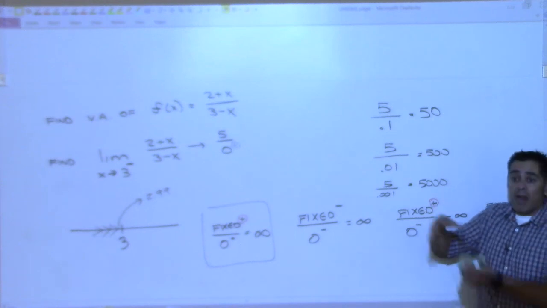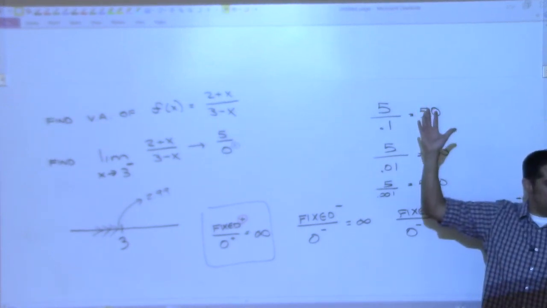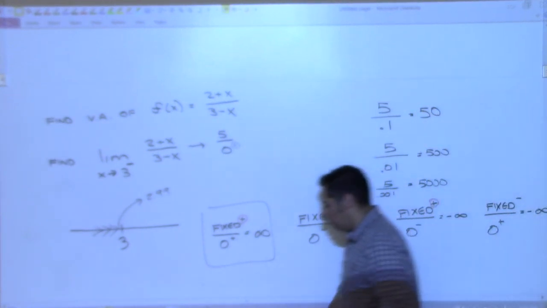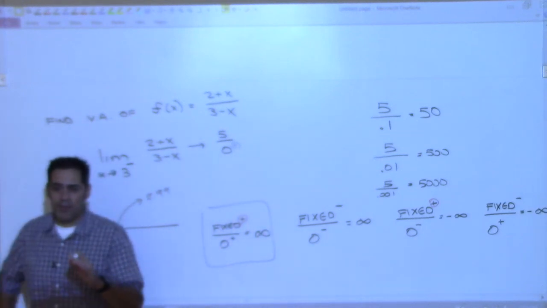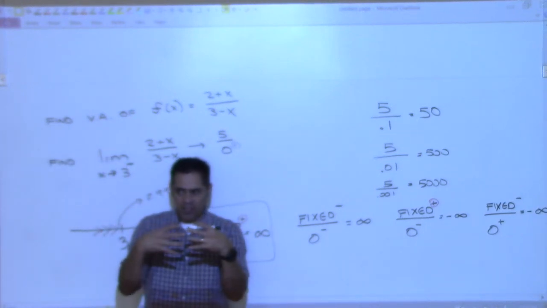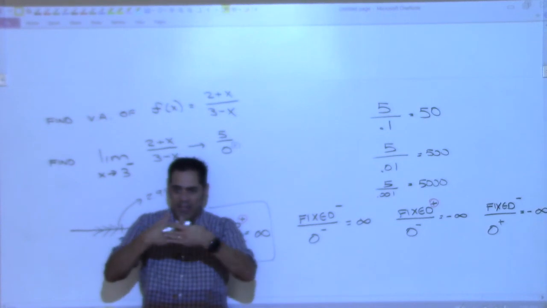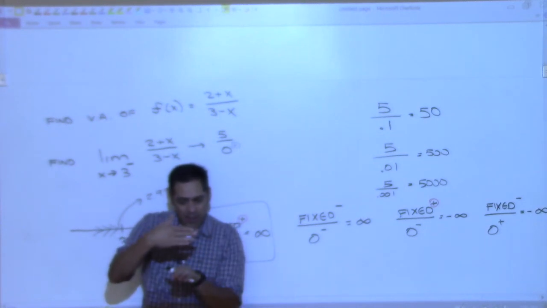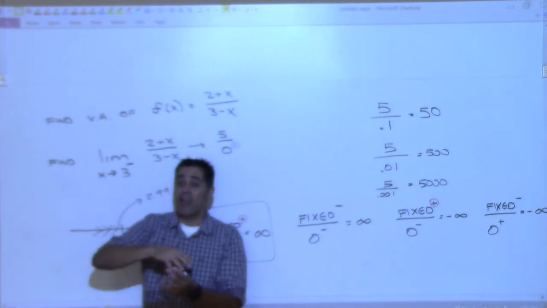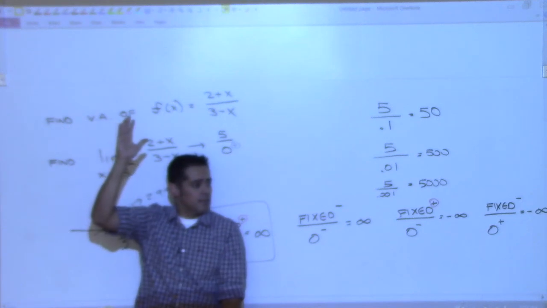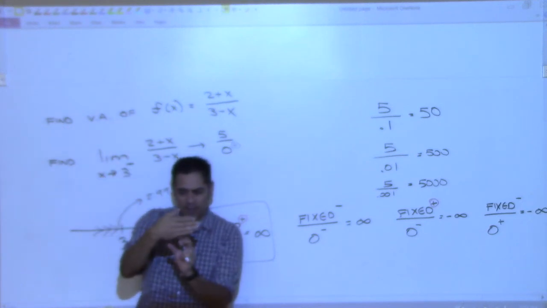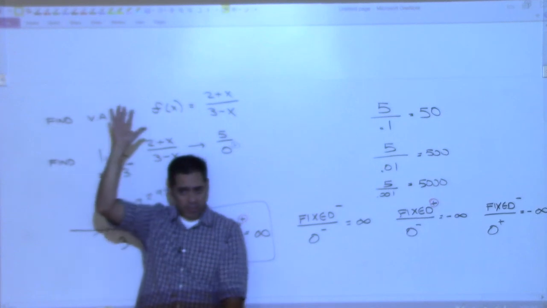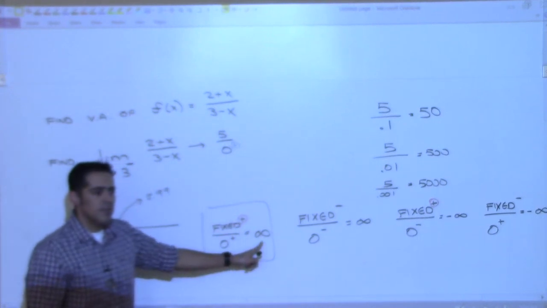And that means the ratio blows up. I can't overemphasize how important this is. If you have a fixed number on top in a numerator, it's fixed, not moving, and your denominator gets small, the ratio gets big. Fixed over something getting small, the ratio gets huge. And that's why it's headed towards infinity.